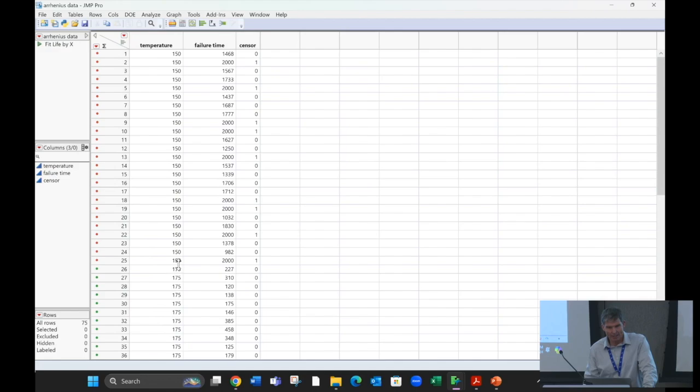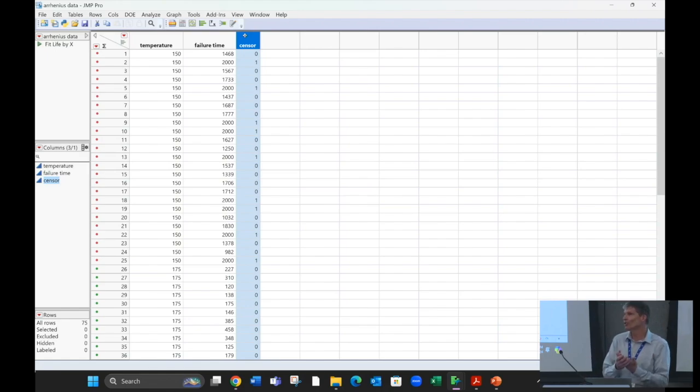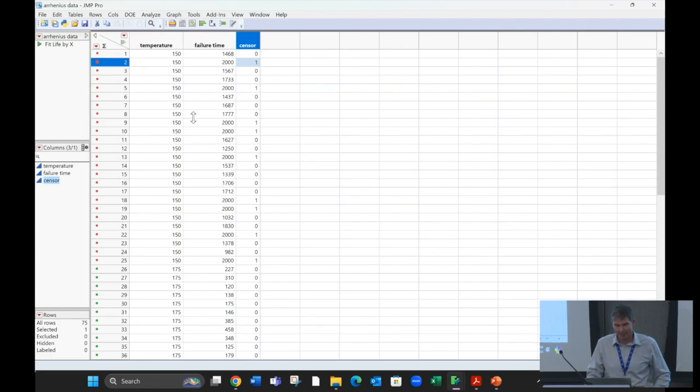Then it tells me when it failed. In reliability, we have this thing called censoring. Sometimes things don't fail. We have to stop the test, and if it didn't fail, then it's censored. So 1 means that it did not fail. We put these units on test for 2,000 hours or 2,000 cycles, and this particular number 5 did not fail, nor did number 2.